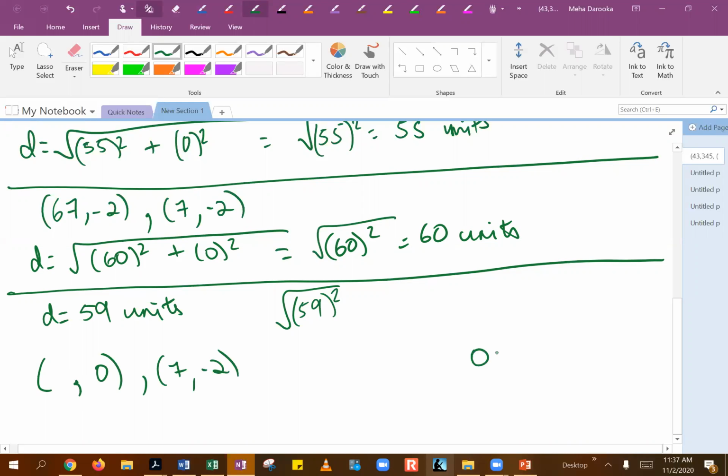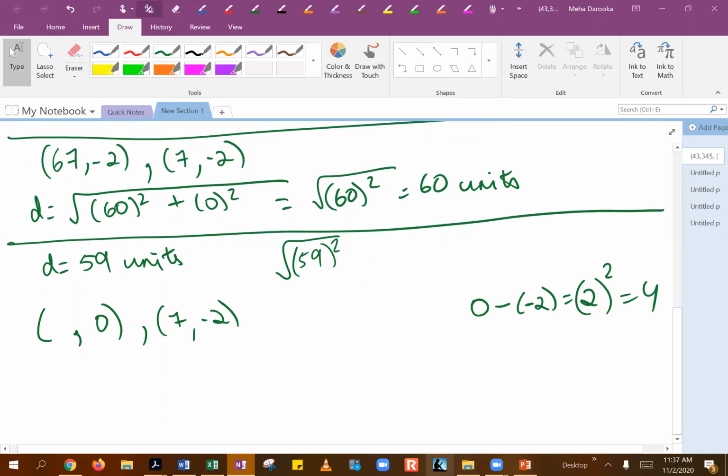So we know 0 minus -2 will of course add up to +2, and then when you take a square on it, you would get 4. So if one of our total values is going to come out to be 4, well, 4 plus what will give us a total of 59? So you can just do 59 minus 4, and that would tell you we need to get 55.